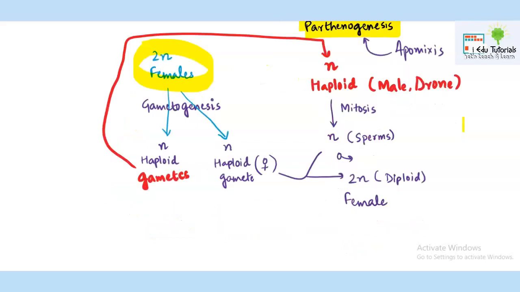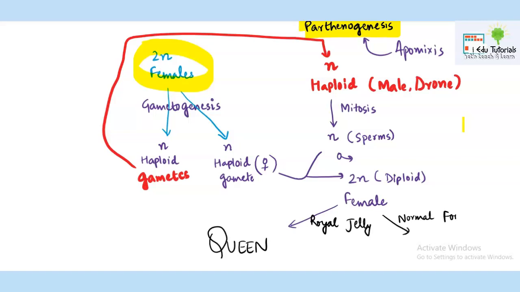Now these females, depending upon what they eat, if they are feeding upon the royal jelly, then this female is going to develop into a queen. But if they are eating normal food other than the royal jelly, then this individual is going to develop into a worker.